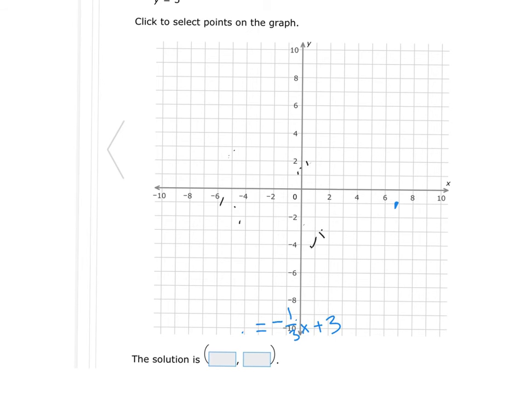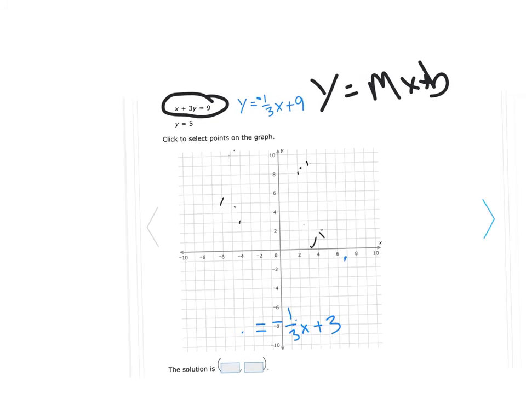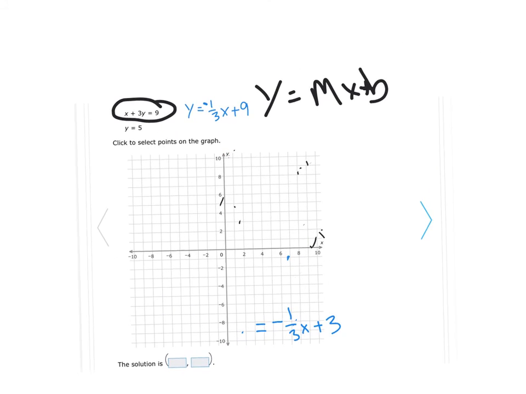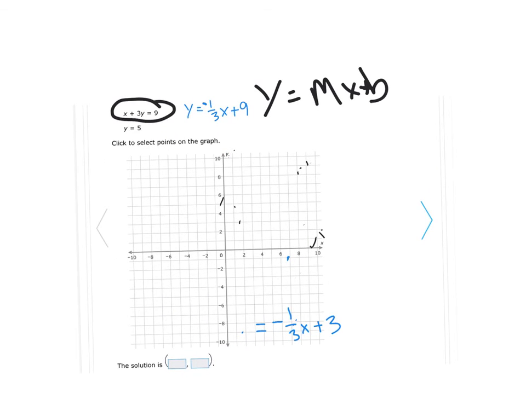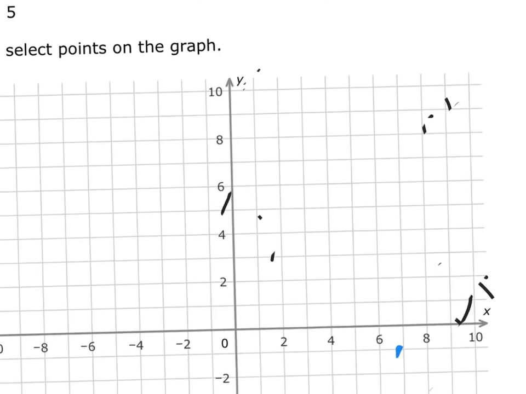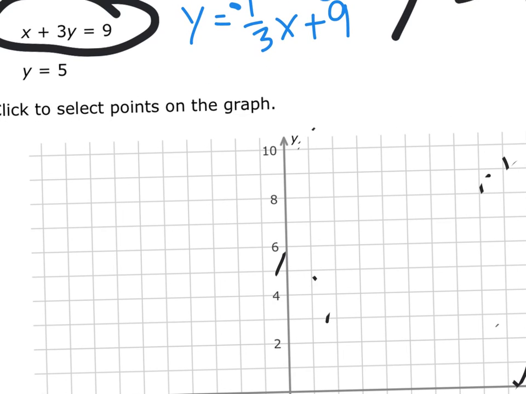All right, so now we're looking at it like this, okay? So then I just graph my two equations again. Now, y equals negative 1/3 x plus 9, so I need to find my 9. So I start here at the b, because the b is 9. So I start at the 9, and now I go down 1 to the right 3.